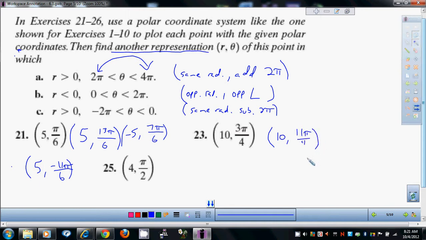Remember to make your common denominator. Part B, opposite radius. What is directly opposite of 3 pi over 4 in the unit circle? Thank you, Alyssa. 7 pi over 4. Believe it or not, I don't like hearing myself say all the answers. Same radius, subtract 2 pi from 3 pi over 4, and you get, oh, beautiful sound of students. Very good.